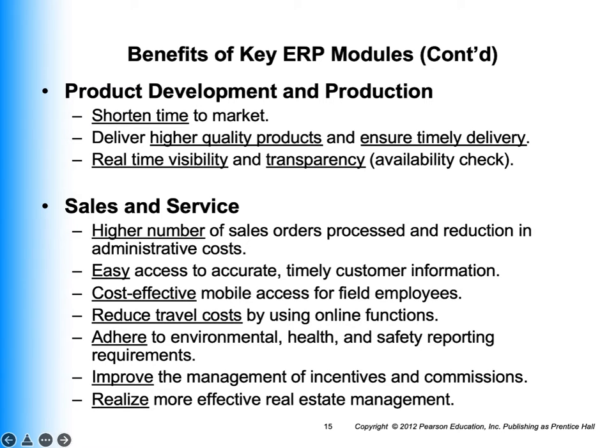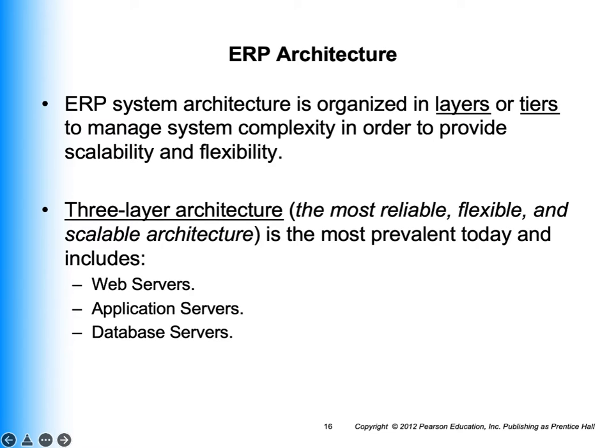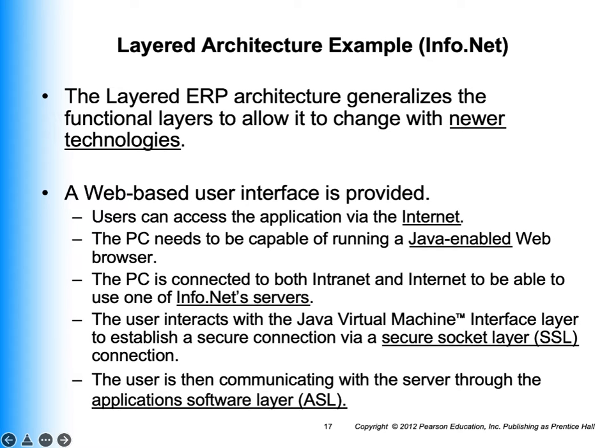In terms of architecture, we have layers and tiers. There are 3 layers, pretty much: web server, application server, and database server. With newer technology, and Java, ERP is able to connect with the internet.